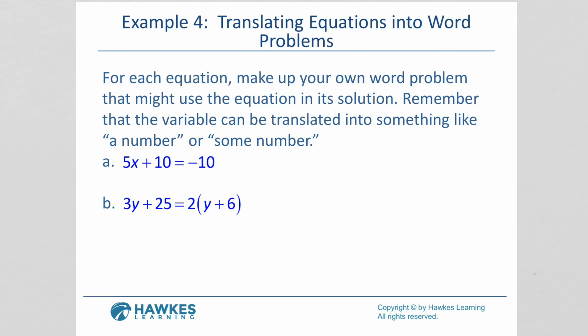Example 4. For each equation, make up your own word problem that might use the equation in its solution. Remember that the variable can be translated into something like a number or some number. A is 5x plus 10 equals negative 10. B is 3y plus 25 equals 2 times y plus 6.